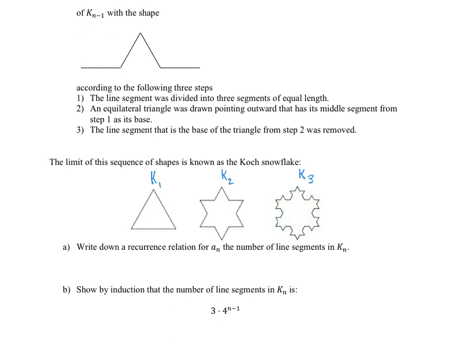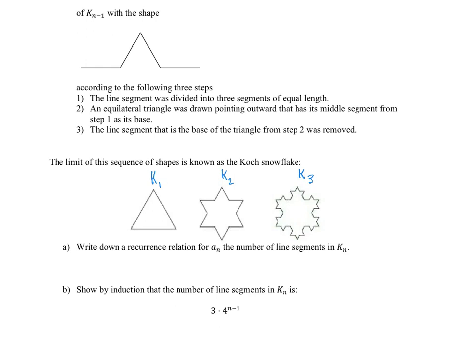So the limit of this sequence produces an infinite perimeter. However, the area does not keep growing and growing. The area inside of the Koch snowflake might grow slightly, but it does tend to a finite area. So you have a finite area, but you can't trace your way all the way around it because the perimeter is infinite. Quite fascinating.